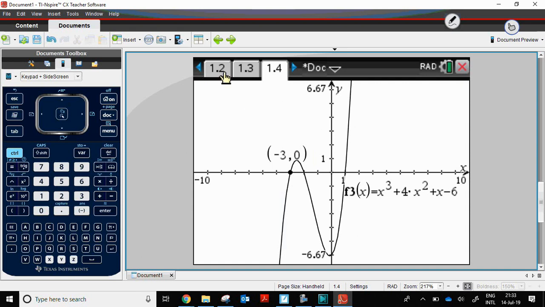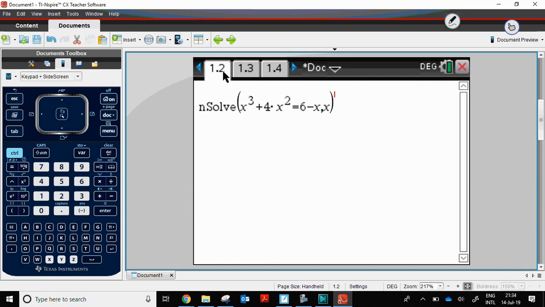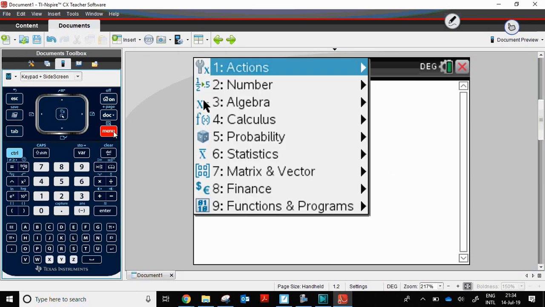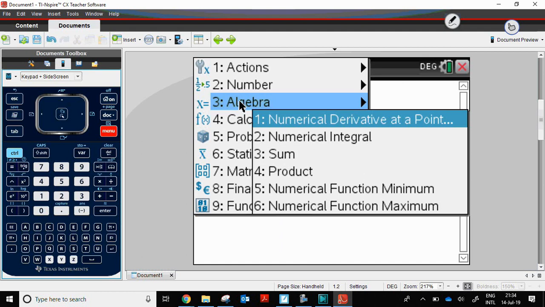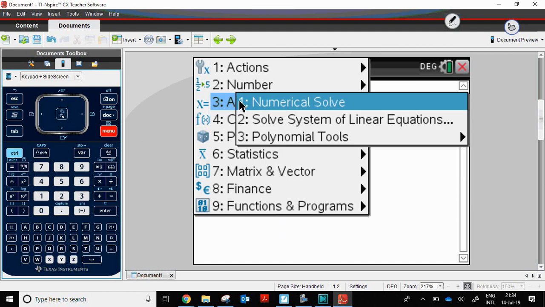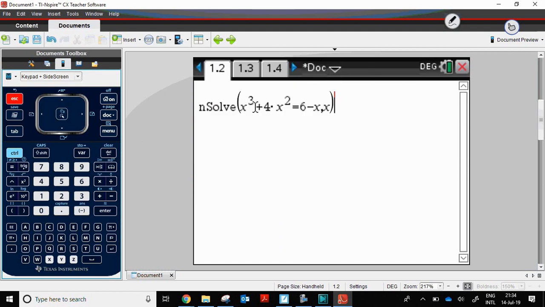But we can do it on the main calculator screen as well. Here's how I don't want you to do it. There's this thing called nsolve, which you can get by pressing menu, algebra, and then it's the very first thing. If you then type in the equation as it was written, and then finish with comma x, that's your way of telling the calculator that x is a variable that you want to solve for.